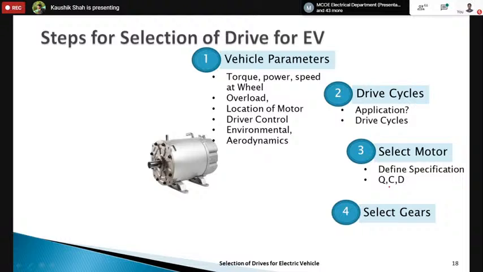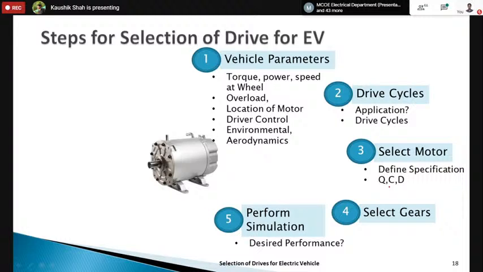Then select gears, right? Then perform simulation. I would like to take a pause here. Perform simulation, very, very important, because it is a simulated environment where you put in all these drive cycles, whatever selected motor, your efficiency with the controller, you plot it on a graph to see where you stand, and then you check whether it is giving the desired performance with the selected motor.